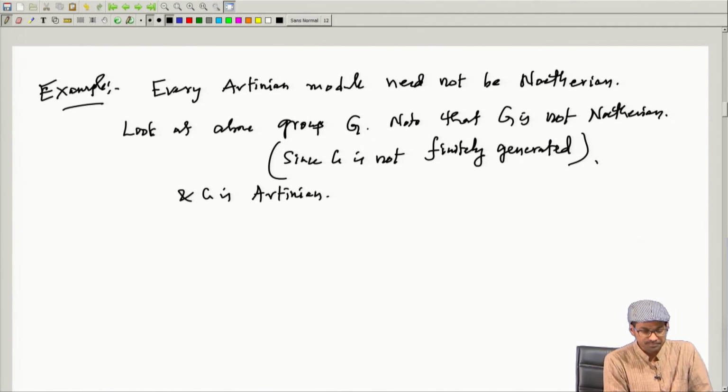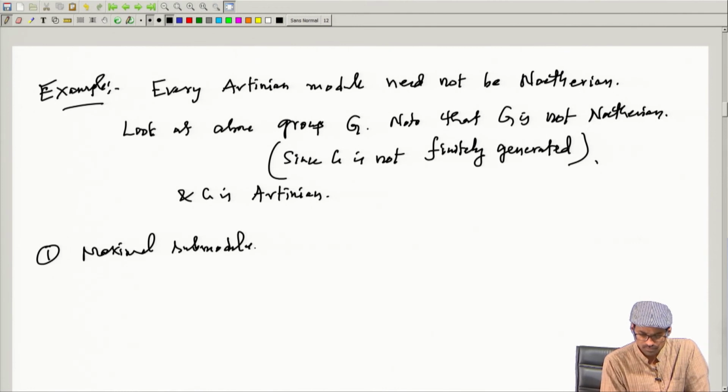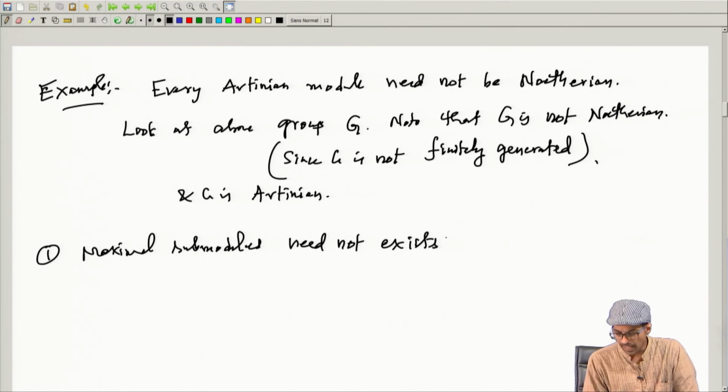So, next remark: maximal submodules need not exist in an Artinian module.